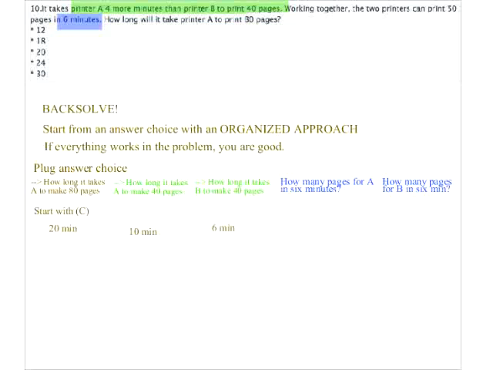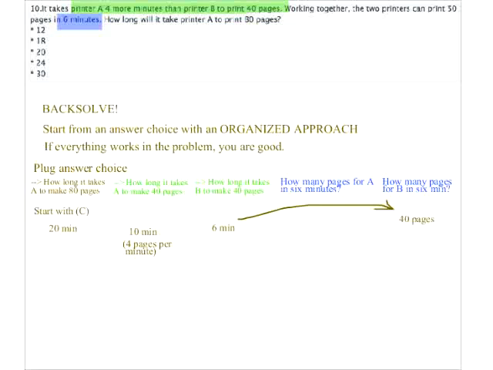So notice this is 40 pages in 10 minutes. So this is 4 pages per minute. Here we don't need to figure out pages per minute because this is already 6 minutes. That's exactly the time that we want. So in 6 minutes, we know that B actually makes exactly 40 pages.